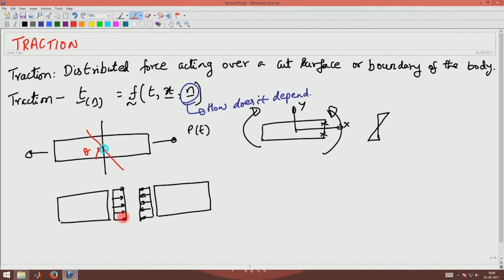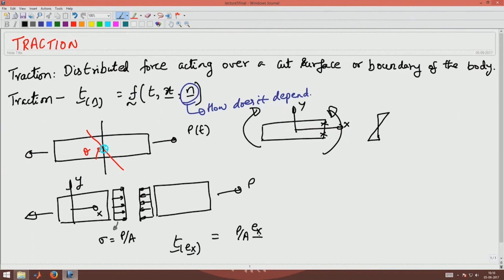When I apply a P, the sum should total to P, and hence sigma would be P by A. If I take x and y as this axis, traction T of e_x would be P by A times e_x.